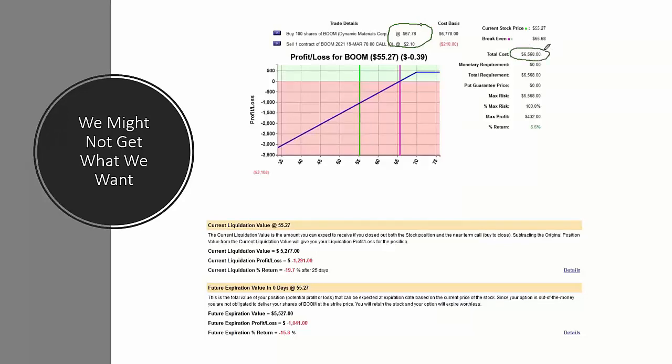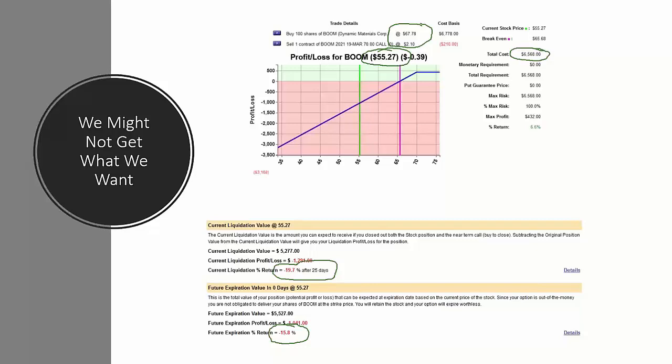Takes the cost basis down to 65.68, essentially the break even. Stock's at 55.27. And we're at a loss right now of about 19.7%. Really at expiration today, when that call went to zero, we're at a loss of 15.8%. Almost 3 times more of the loss we're sitting on with the DAR example.